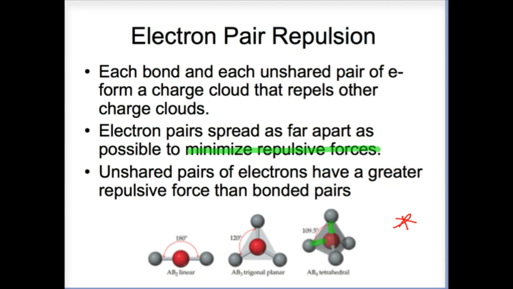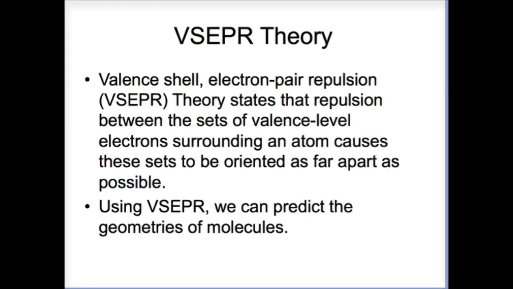Okay? So it's ultimately this idea of minimizing our repulsive force. This is obviously where our theory gets its name. The idea of valence shell electron pair repulsion is the idea that molecular geometries can be predicted if we know that electrons want to be as far away as possible from each other, and they're limited within a three-dimensional space.